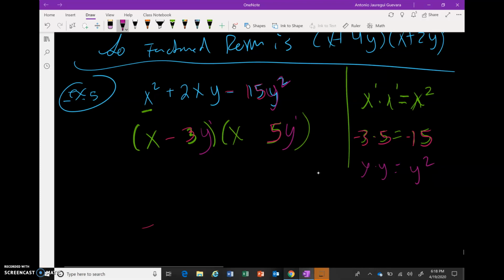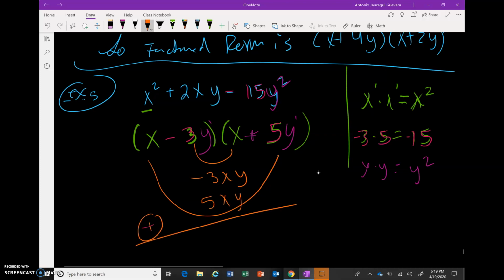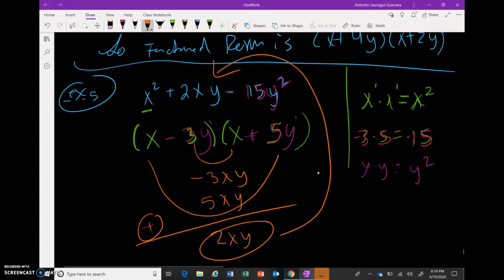If I check it with my rainbow method, this would give me negative 3xy, and this would give me 5xy. Combine the like terms here: 5xy take away 3xy gives you a total of 2xy, and that checks because that's your middle term.